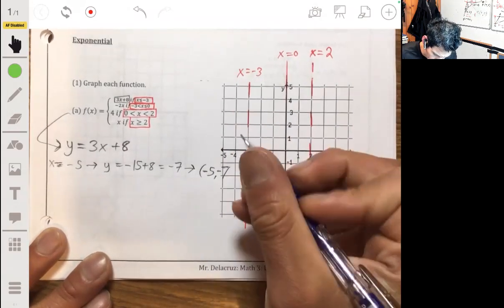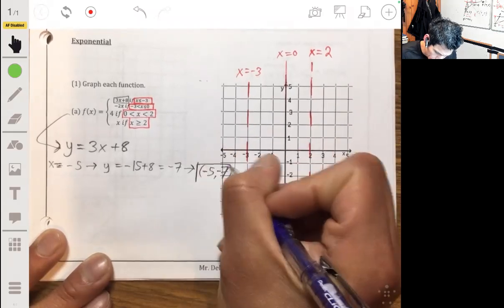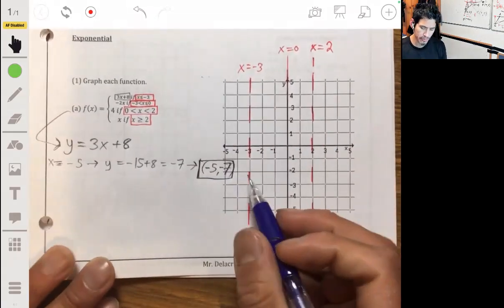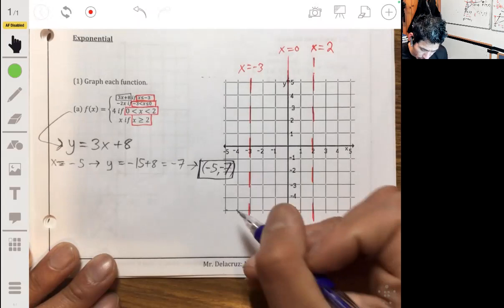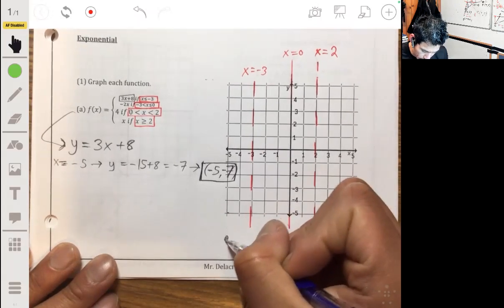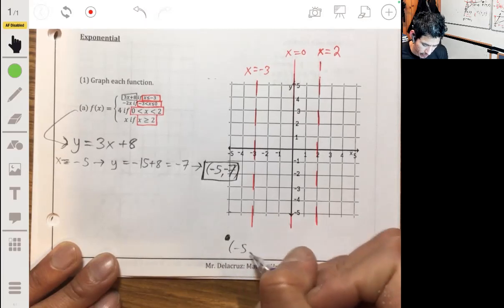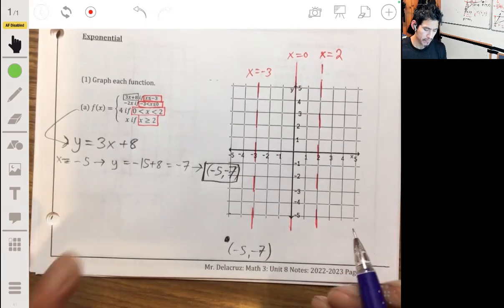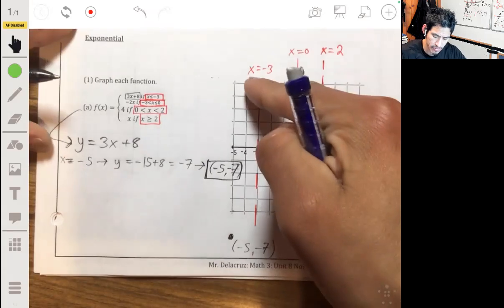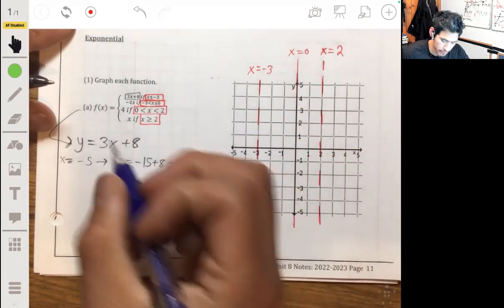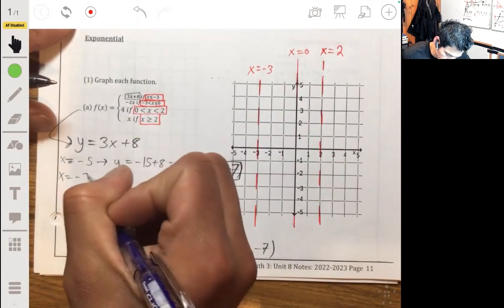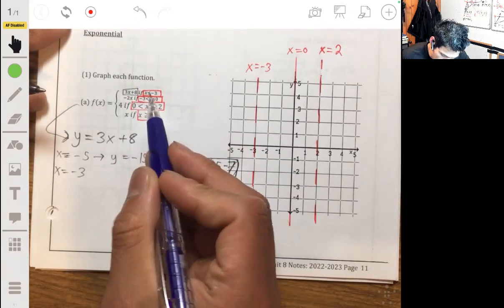Whoa. It'd be off the graph, but that's all right, because we can just put it down here. -5, -7. Now let's plug in the boundary value, x equals -3, into here.